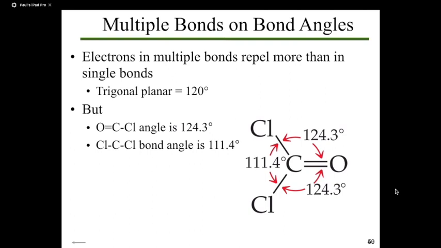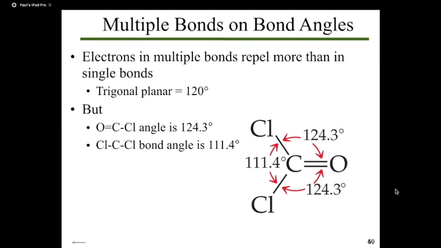Okay? And so if you had to predict it, you would say 120 if you had to type in the angle. But I could give a question: which angle is larger? Chlorine, carbon, chlorine, or oxygen, carbon, chlorine? You would know the oxygen, carbon, chlorine is larger because that double bond takes up more space.